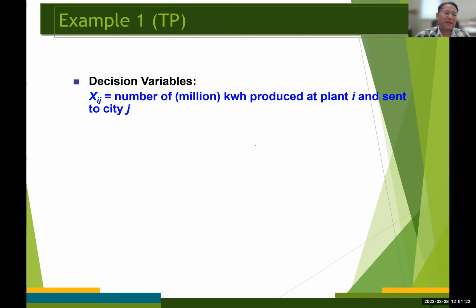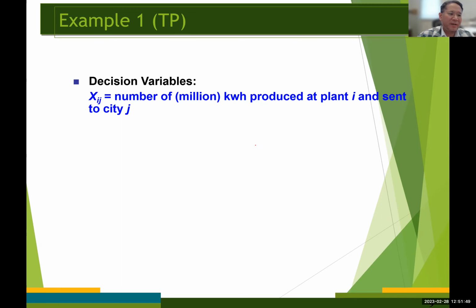The first thing we need to do is define the decision variables. Decision variables are the variables whose values are to be determined. So these are what you want to know and what you must determine within your LP model.